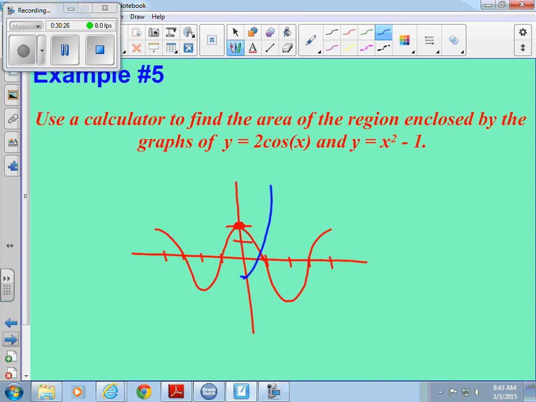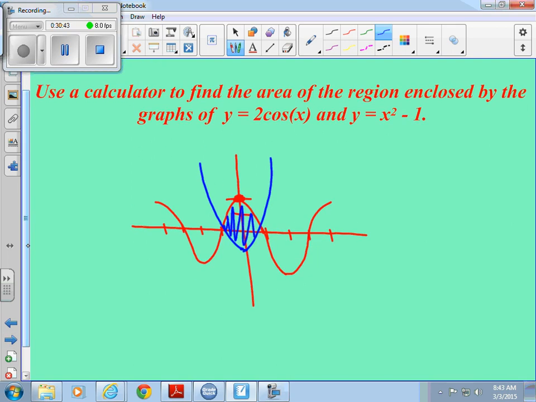I'm guessing it has to do with pi, but it's just a mess. Okay. These intersections are not pretty. So we are going to do the area enclosed. Which one's the top function? 2 cosine of x minus x squared minus 1.